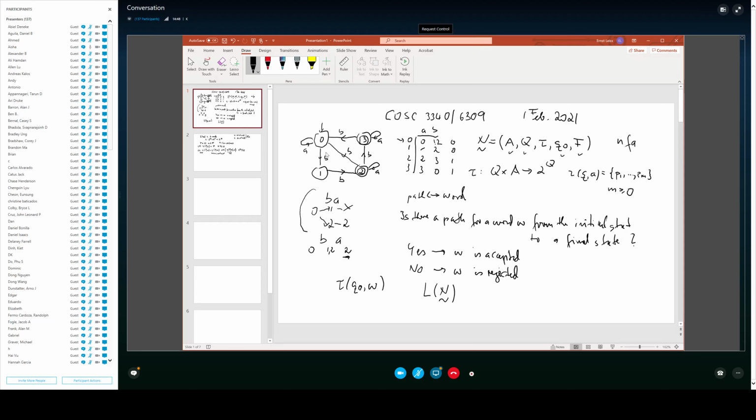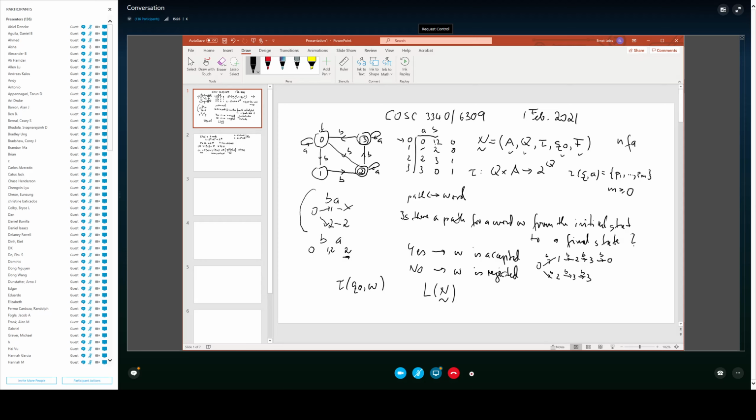So if we take just say 0, and then we have B goes to 1, or it goes to 2, and then we have 1 to 2, and 2 to 3, and 3 to 0, or 2 to 3 and 3 to 0.